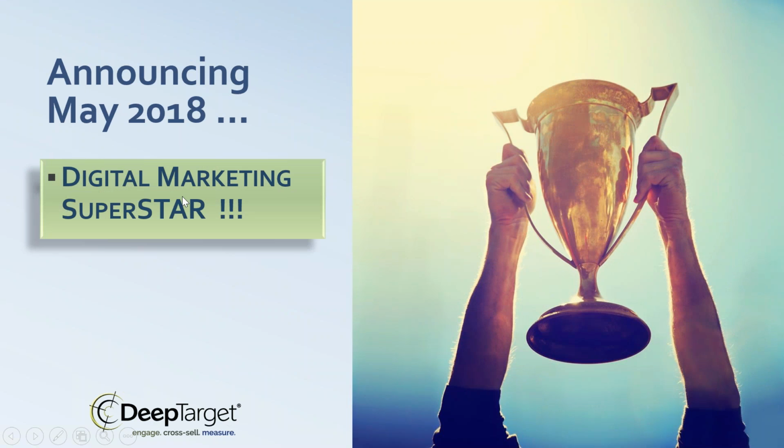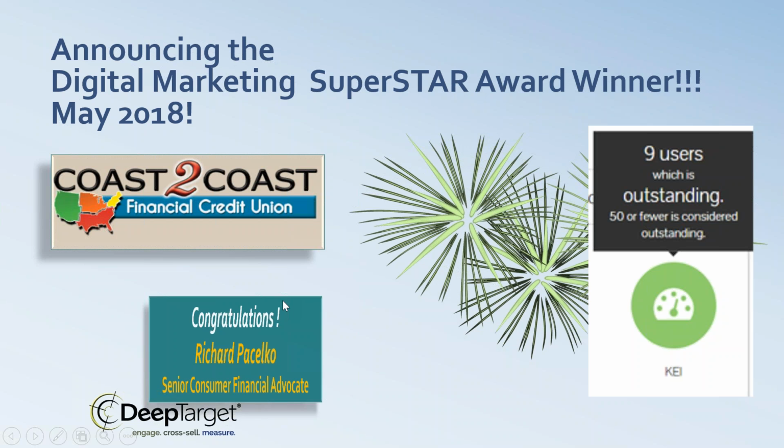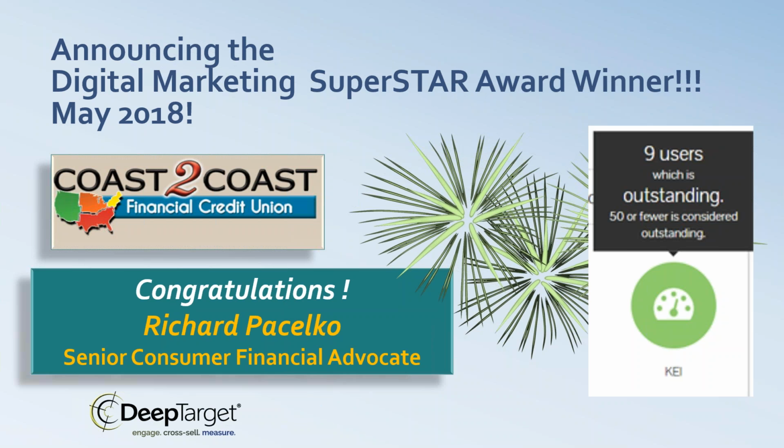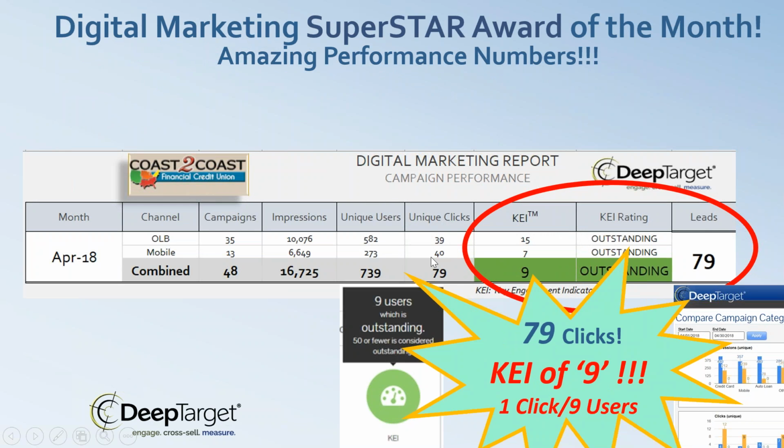Fantastic. All right, and then finally, our digital marketing superstar for May 2018 is Coast to Coast, Richard. Look at that number, 9 users logged in last month to get a click. Unbelievable results, just fantastic effort.